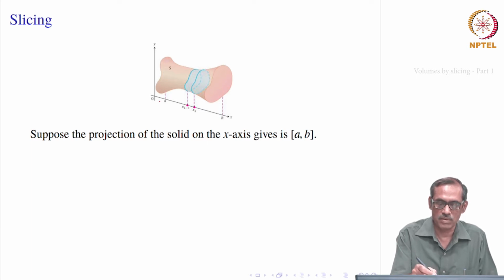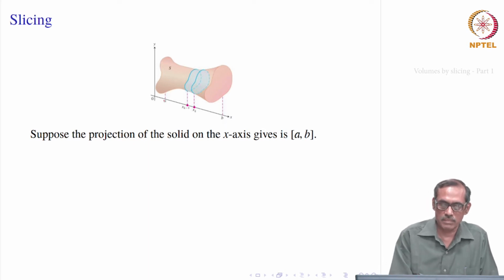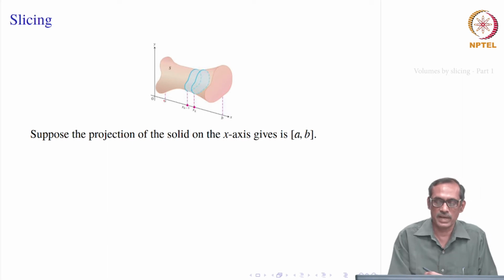It is perpendicular to the x axis, that is, parallel to the yz plane, and x equal to b similarly is another plane parallel to the yz plane. The volume is lying between these two parallel planes, which are perpendicular to the x axis. So, by projecting this we get the points, say left end point A and the right end point B.